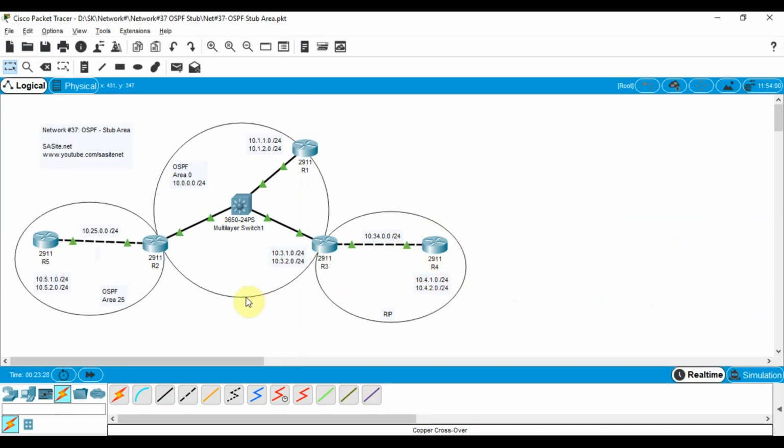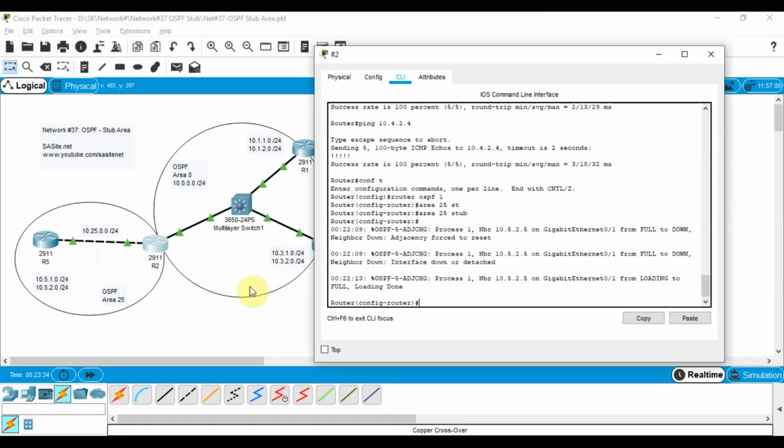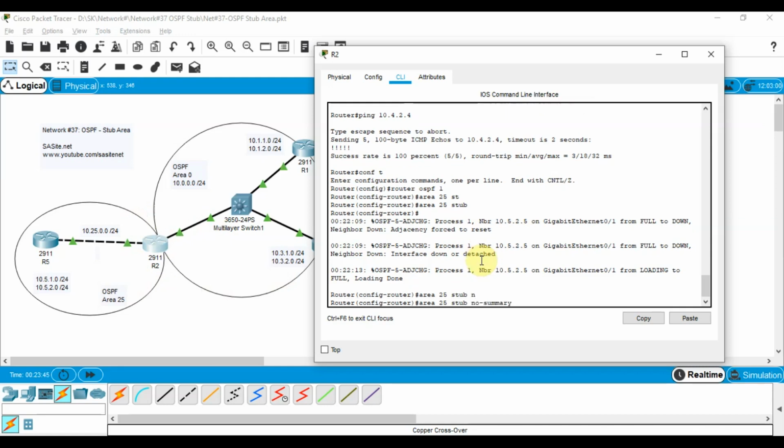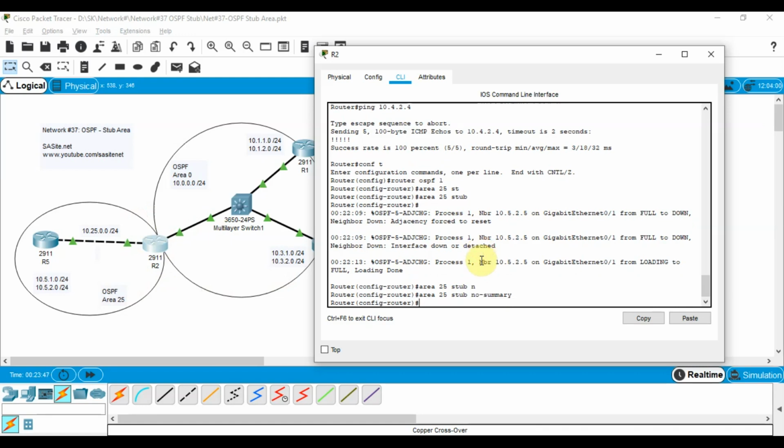We have another option to reduce even further the size of the routing table on R5. We go to R2 again, and this time we use area 25 stub, but this time with no-summary. This creates the totally stubby area.